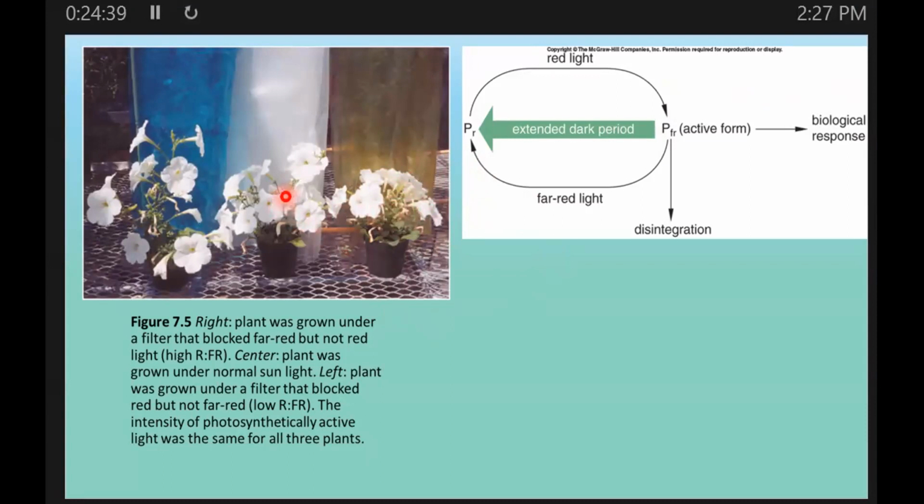The one in the center was just under normal sunlight. And again, it's fairly compact, but if you look at the far right one compared to the center one, you've made it even more compact when you've taken out the far red light. And then the one on the left is much more spindly, tall. That one was pretty much dosed with far red light.